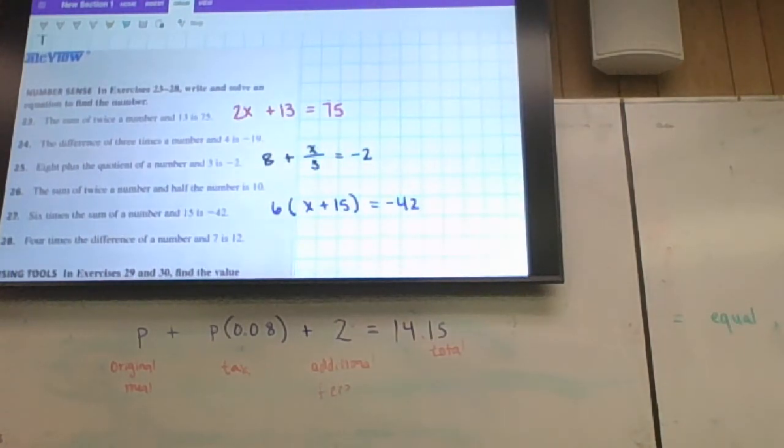So you guys, if you wrote your pages out, go ahead and get the problems out. I also have them here. It's page 28 for you.